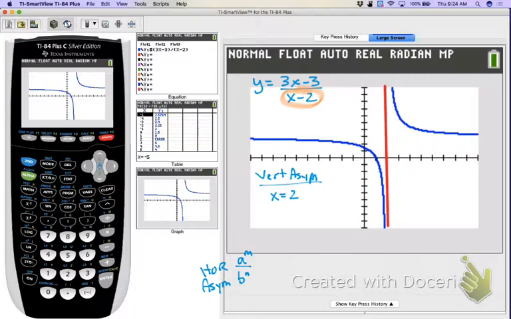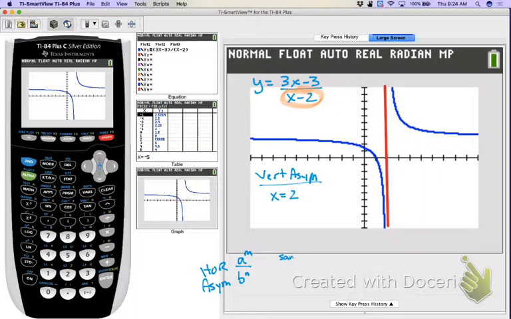You have to figure out, is the power on top bigger, the same, or smaller? If I have 3x over x, are they the same power, or different powers? They're the same powers.